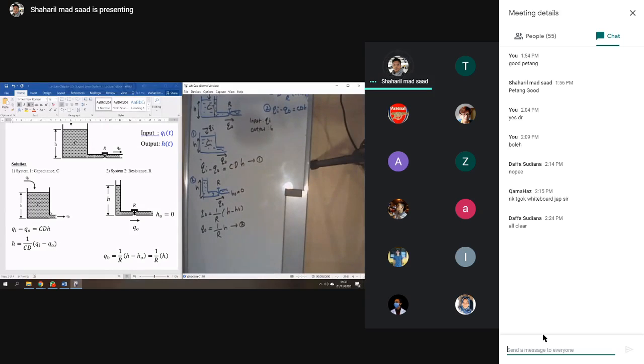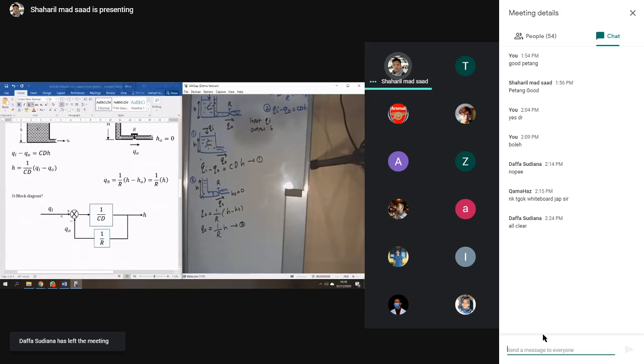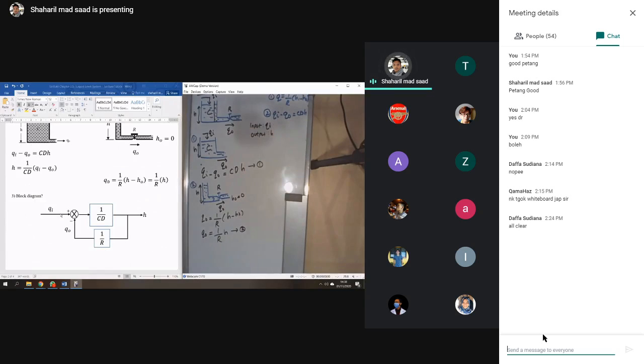Then you can draw the block diagram. So if you can see that this one Qi, number 3. So you have the Qi, right? The input and the output is H. Okay, Qi the input.